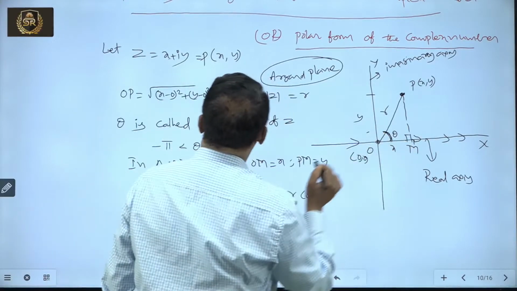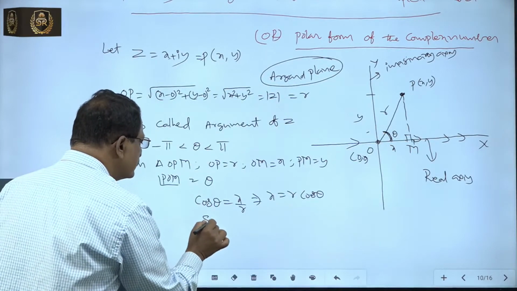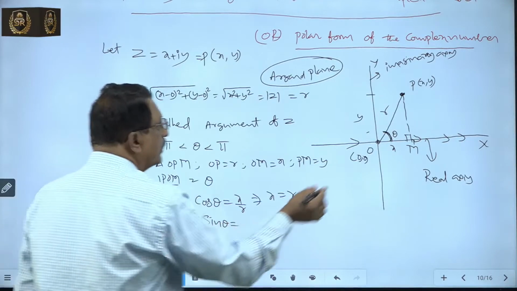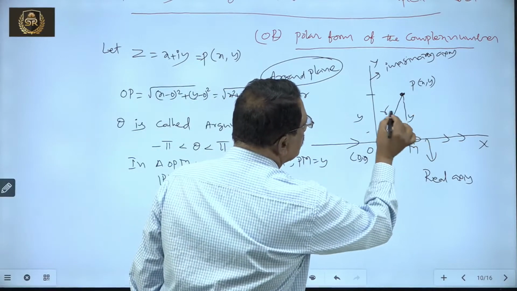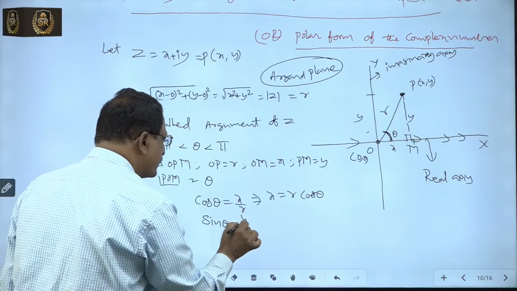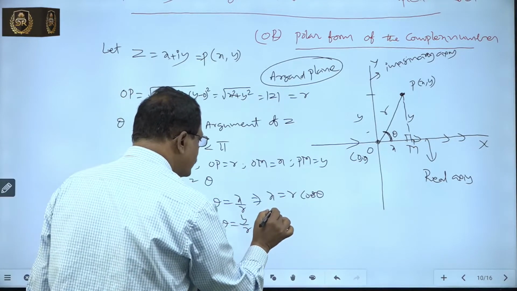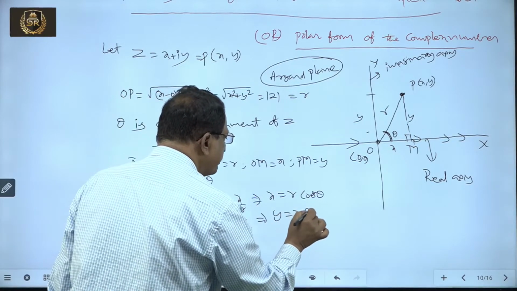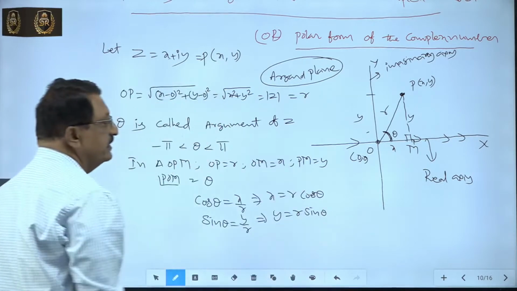Similarly, in the same triangle, sin theta equals opposite side by hypotenuse, y by r, which implies y equals r sin theta.